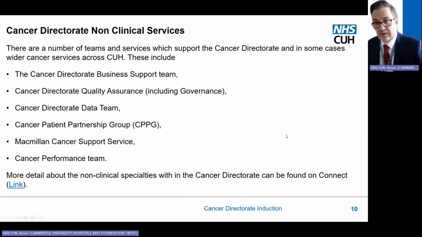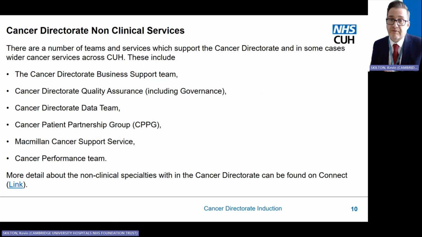We've also got some non-clinical services within the directorate that I touched on earlier. So we've got the Cancer Directorate Business Support Team, we've got a Quality Assurance Team. So while some of our documents are published to Merlin on our policies and processes, we also have our own document management system and our own quality assurance team who manage all those documents.